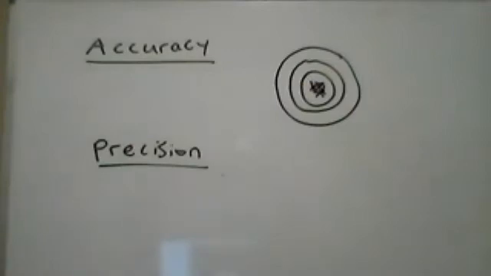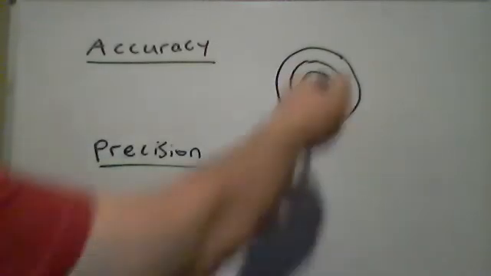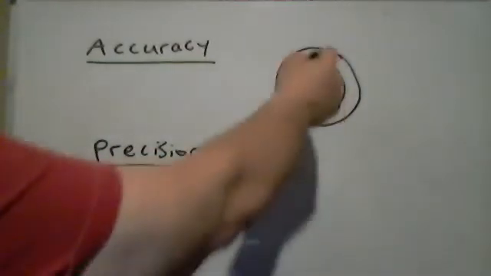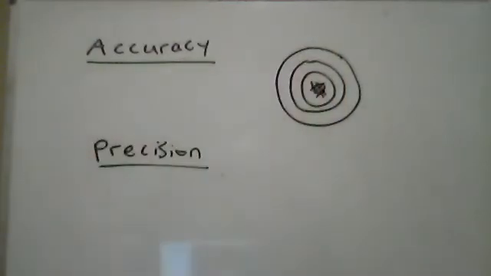If the target value is the center of the bullseye, and my data is right around that center, I would consider that accurate data.